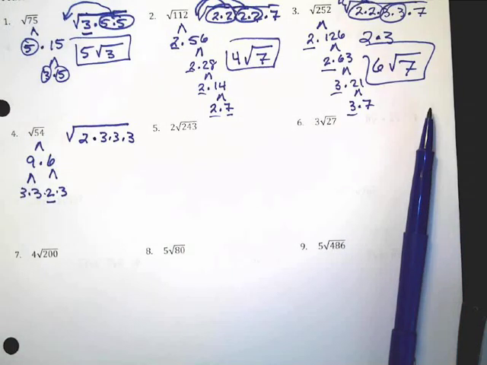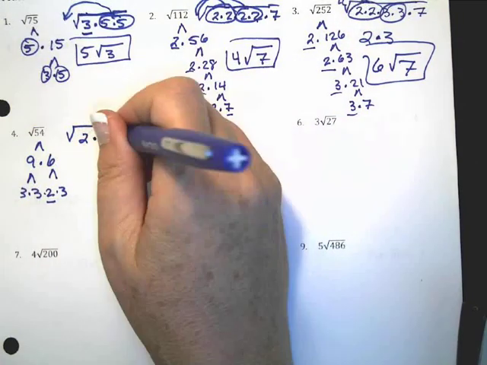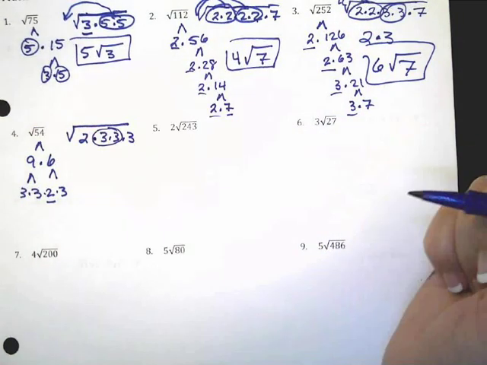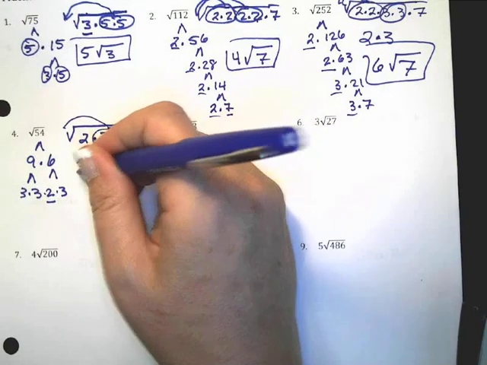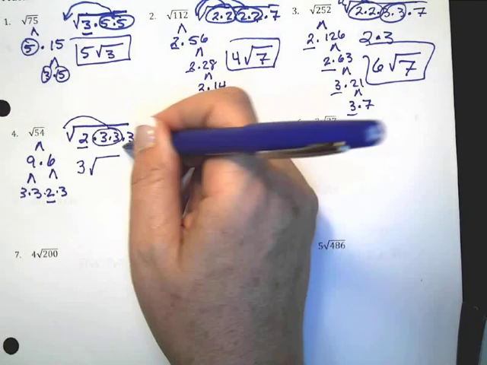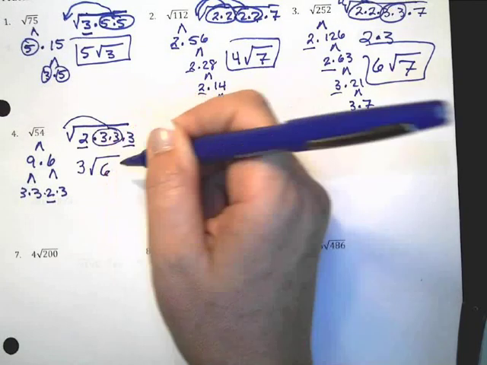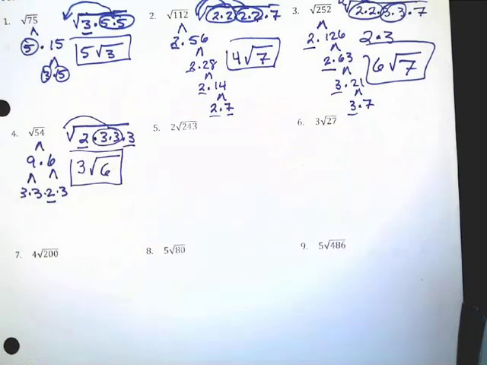Okay, so coming out from underneath the radical, let's find our pairs of numbers. So we have a pair of 3's that will come out front as 1 3. Underneath the radical, we have 2 and 3 that we need to multiply together. So our simplified answer is 3 square root 6.